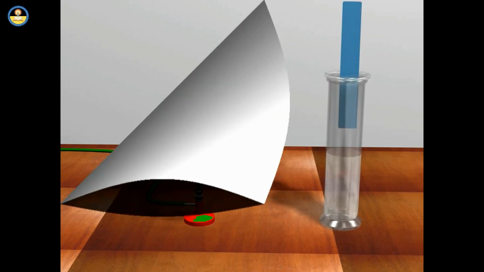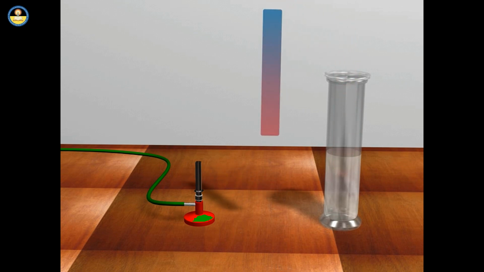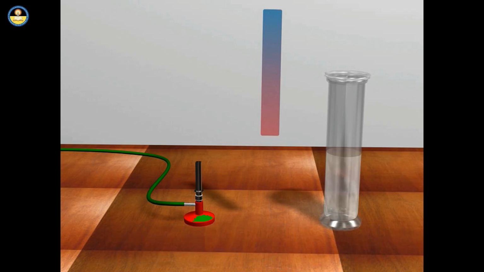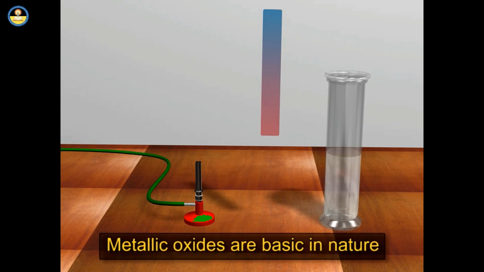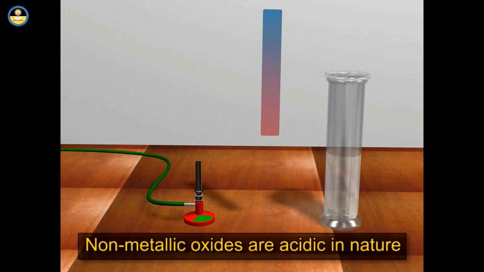We then test the solution with blue litmus paper, which turns red. Sulfur dioxide solution in water is acidic in nature. From these activities, we infer that metallic oxides are basic in nature, whereas non-metallic oxides are acidic in nature.